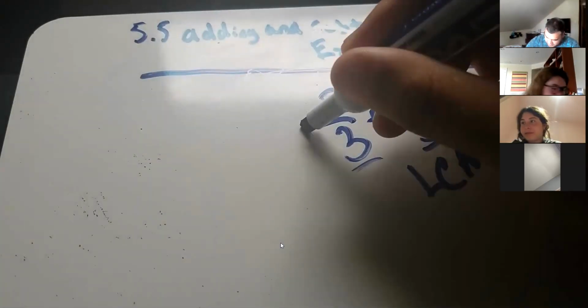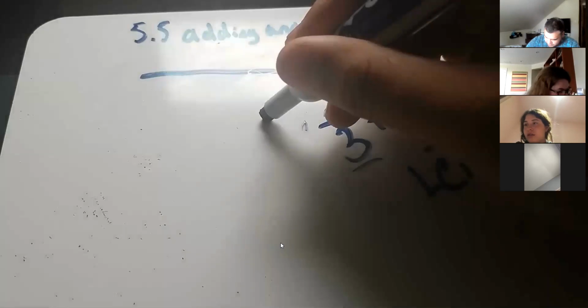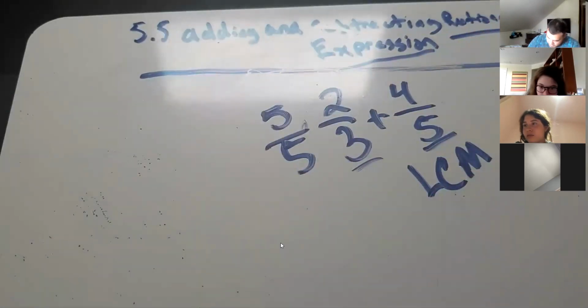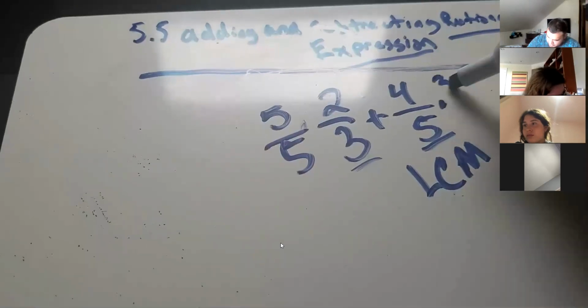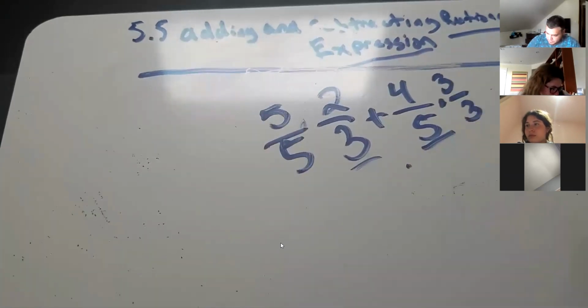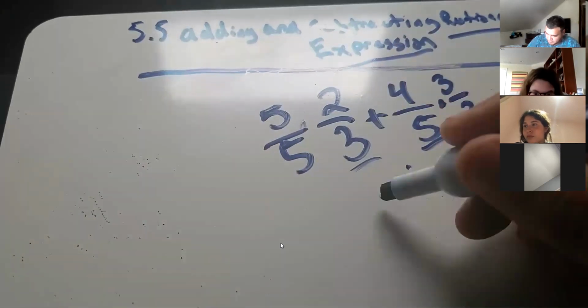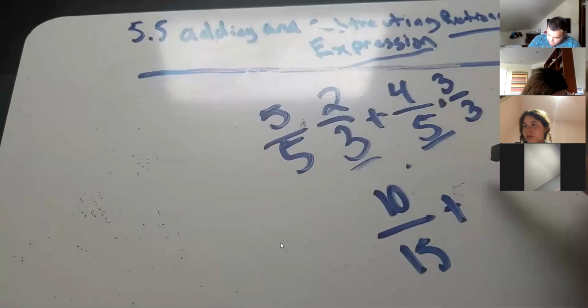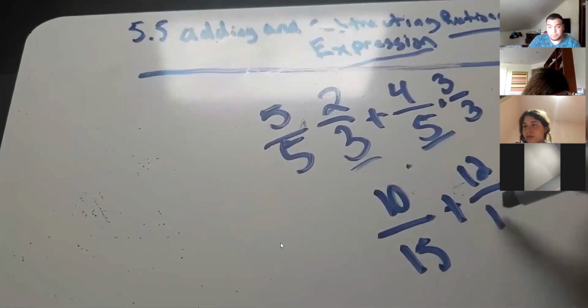On the left, I'm going to multiply both by 5 over 5, because 5 times 3 gives me 15. And on the right, I'm going to multiply the top and bottom by 3 over 3, because the bottom gives me 15. So the one on the left becomes 10 over 15 plus 12 over 15.